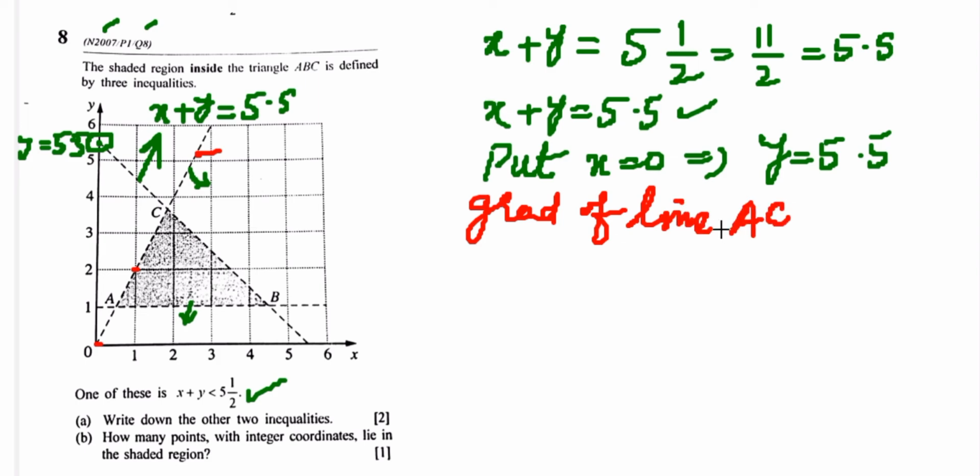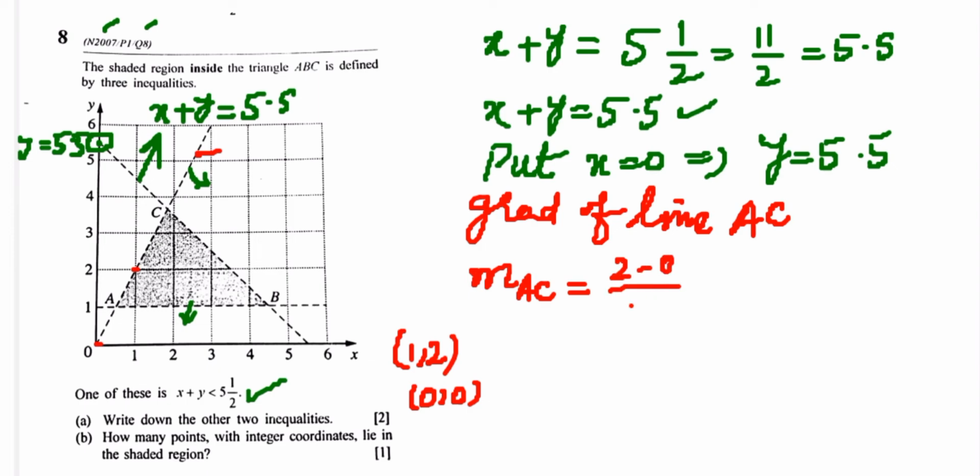Suppose the gradient of line AC is represented as m. I am using the point x1, y1, and the second one is the origin, 0, 0. The formula is y2 minus y1 over x2 minus x1, which is 2 minus 0 over 1 minus 0. This is equal to 2.